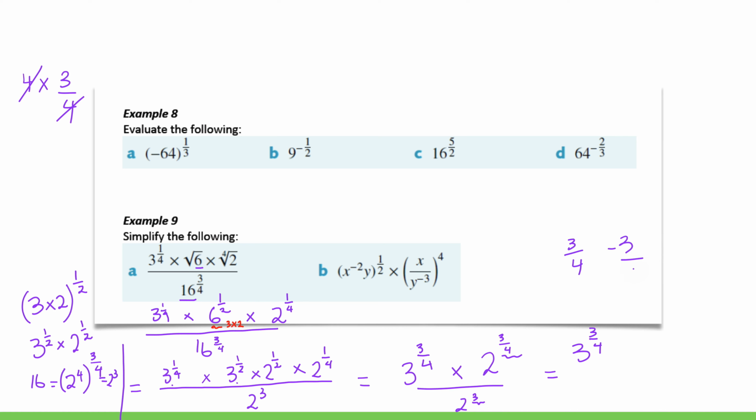I want it to be on the same denominator, so at the moment it's on the denominator of 1. I'm going to multiply both the top and the bottom by 4. So that will be 3 minus 12, which is going to be negative 8 on 4, which is negative 2. That's not right. That's negative 9 on 4.